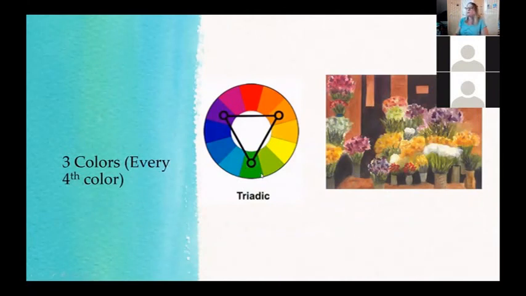This is called a triadic combination, and it's real vibrant. I've got these really deep plum backgrounds and the purples with some of those contrasting oranges, and then this nature green. So that gives again another mood.